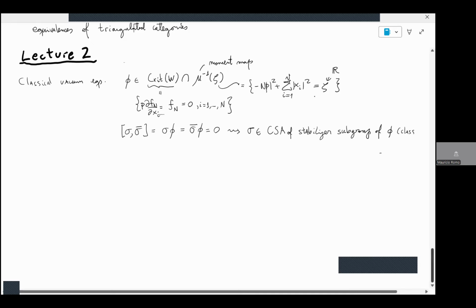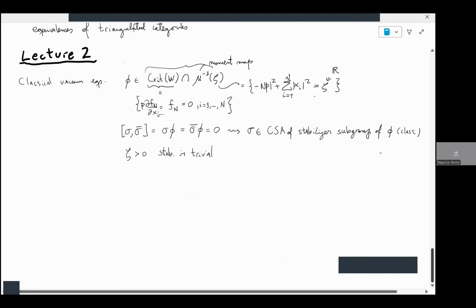Meaning you pick a point in this space, check what the stabilizer is, meaning the subgroup of the gauge group that leaves it invariant, and then sigma belongs to the Cartan subalgebra of that subgroup. In the case at hand, if zeta is larger than 0, you can prove that the stabilizer is trivial.